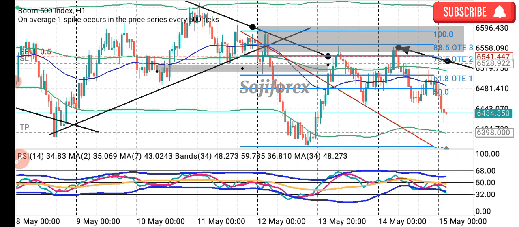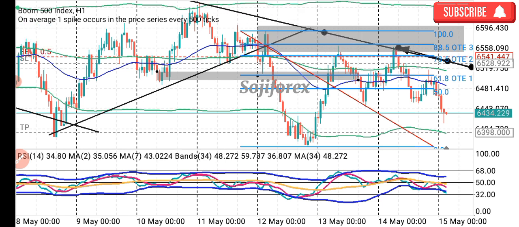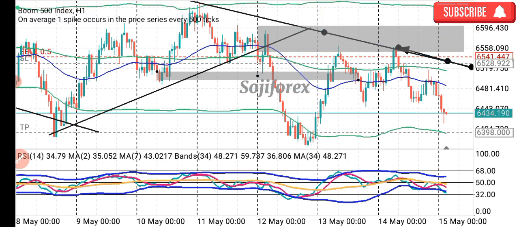And as you can see now, we can extend our trend line to this zone. So that's why it is important you watch every video, because every video is important. Watch the video on Fibonacci so you can know how to combine your Fibonacci.